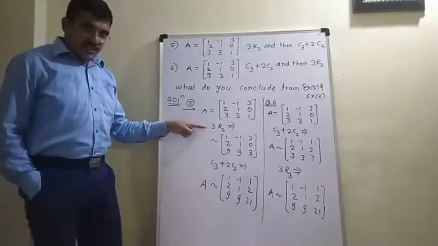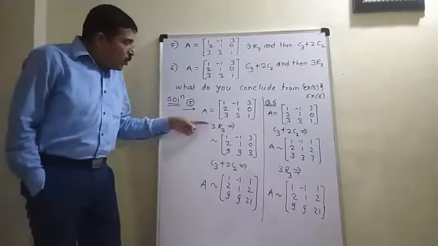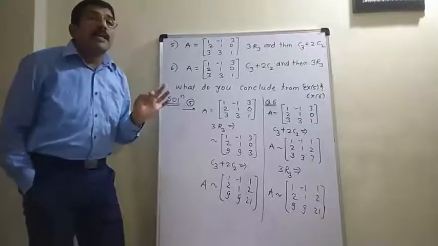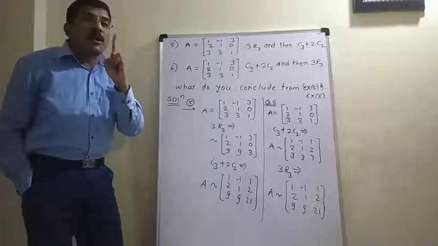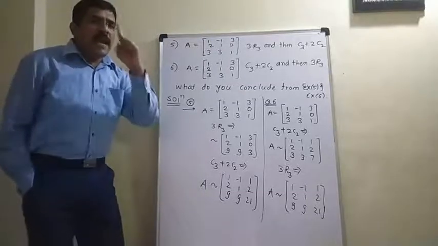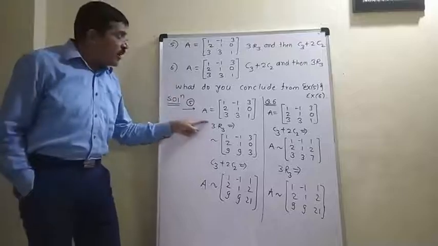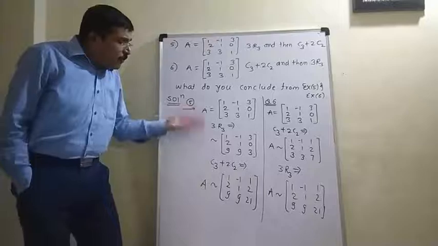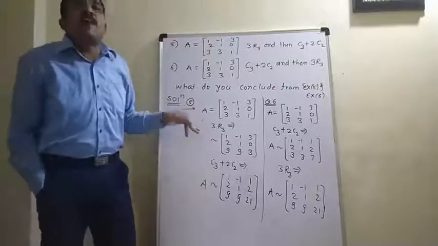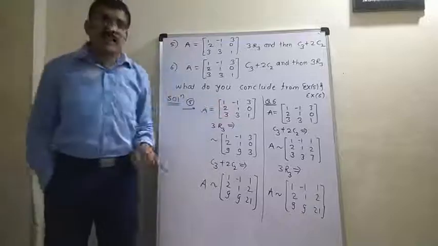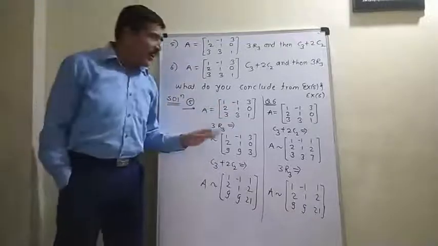The conclusion is that the order in which the operations are performed is not important. It means the answer or equivalent matrix is independent of the order. Which operation is done first and which is done after, no matter, the answer is the same. This is the conclusion.